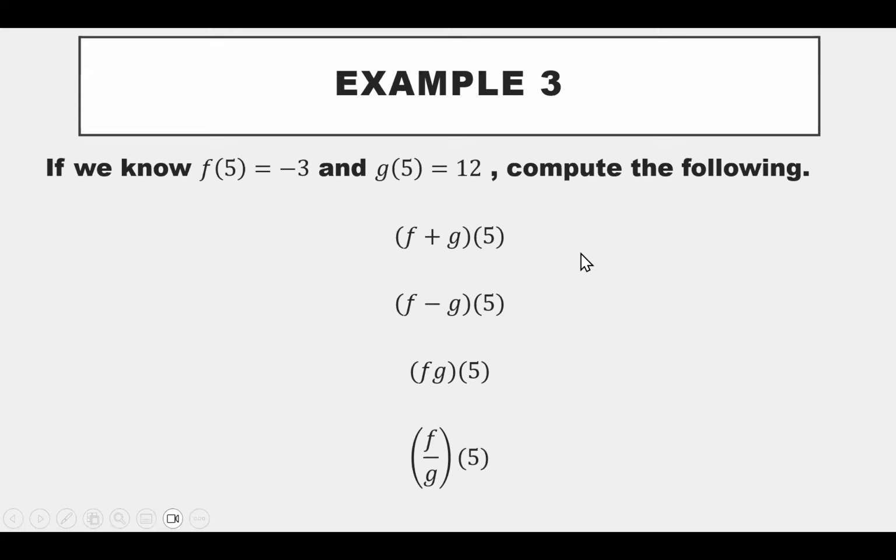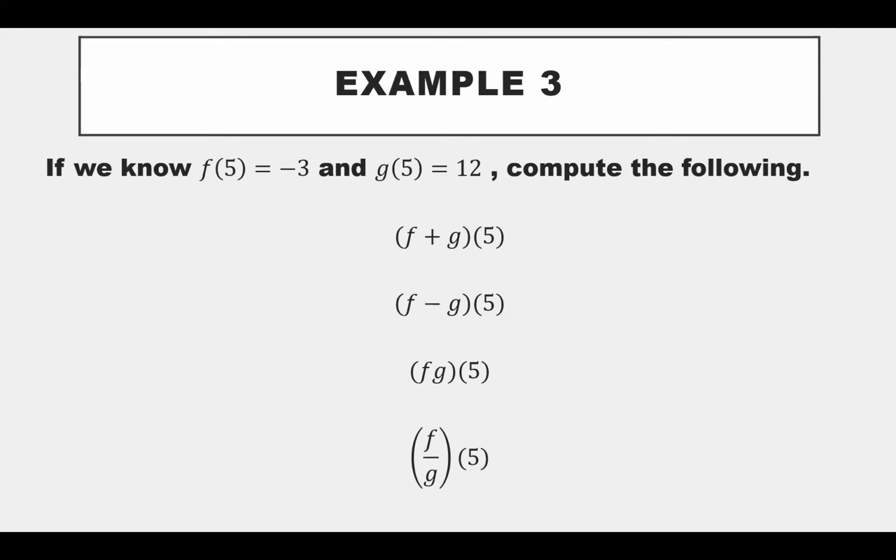Now, this shows you that you don't actually need the original expressions for f and g. As long as I know where f sends a number and where g sends the number, then I can figure out where f plus g sends that number, and where f minus g sends the number, and where f times g sends the number.